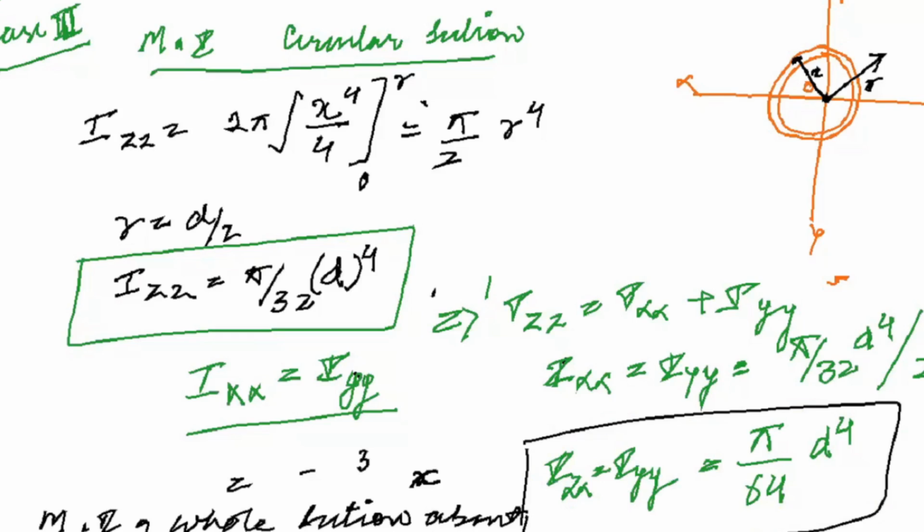This will be your moment of inertia about the x-axis and about the y-axis. And if you need to calculate the moment of inertia about the z-axis, then it will be equal to pi by 32 d raised to the power of 4.